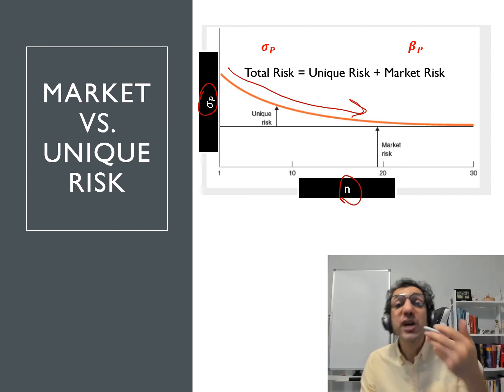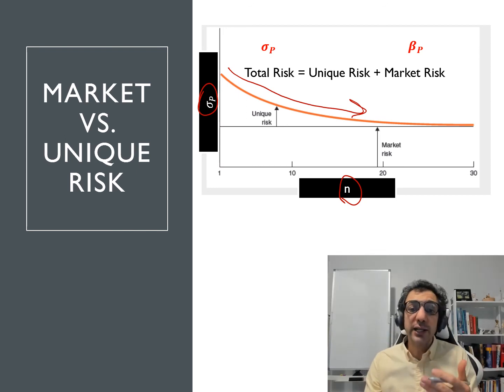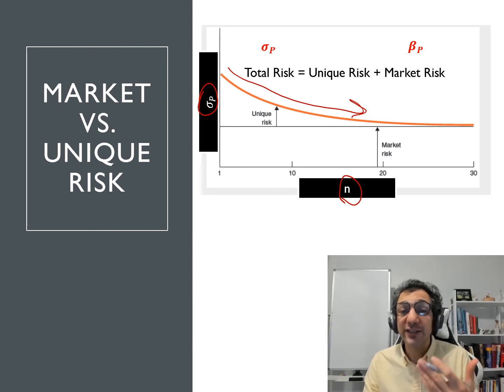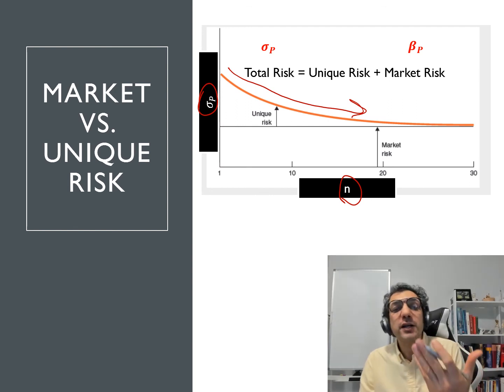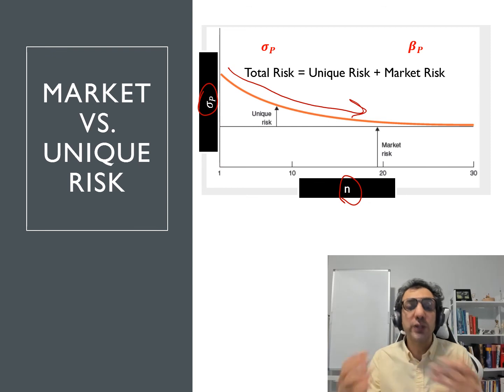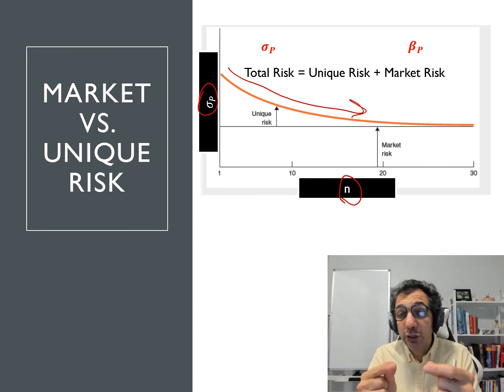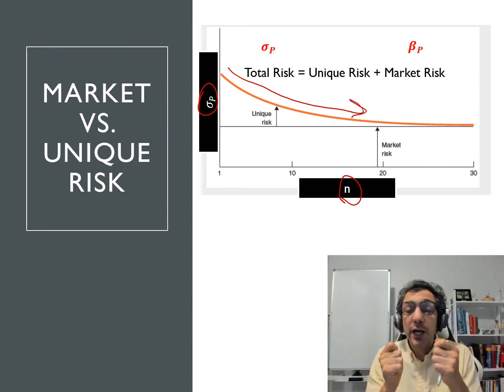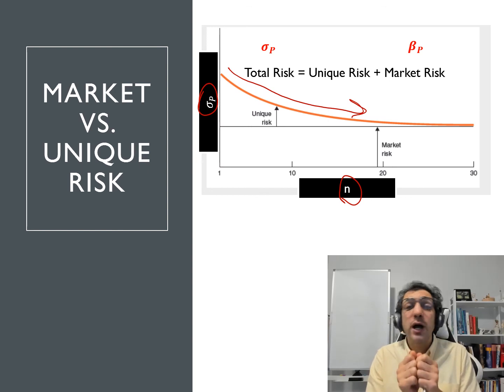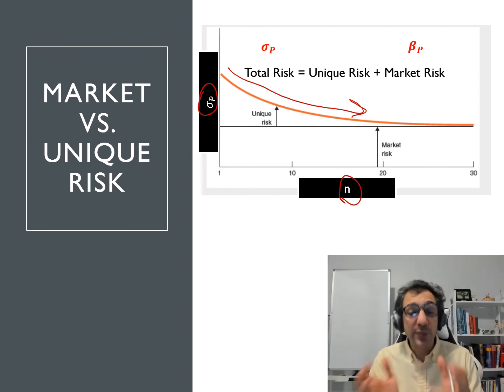So how do we measure the market risk? For the market risk, we cannot use the standard deviation. Why? Because the standard deviation includes the total risk. If you are a good manager, if you are able to diversify your portfolio in a good, efficient way, as we learned, the firm-specific or unique risk shouldn't be relevant here.